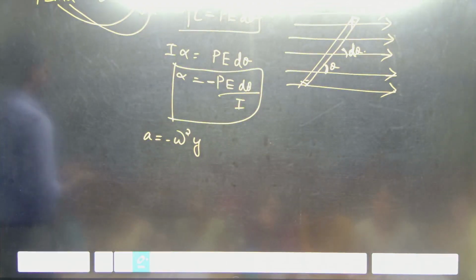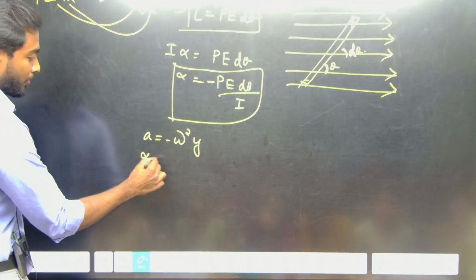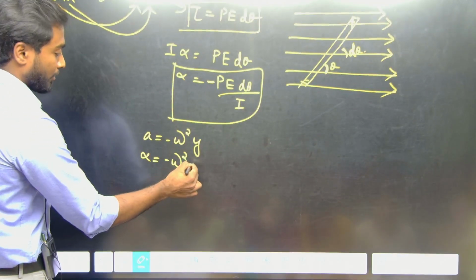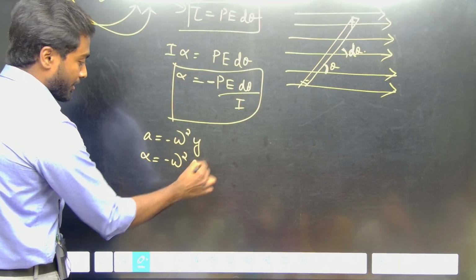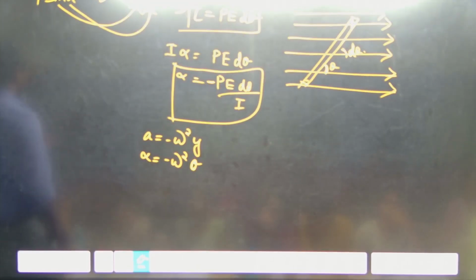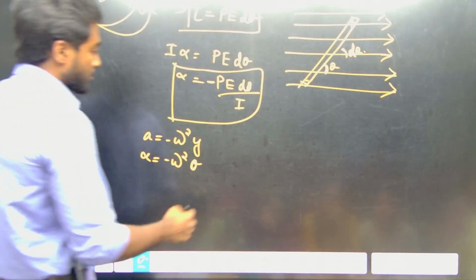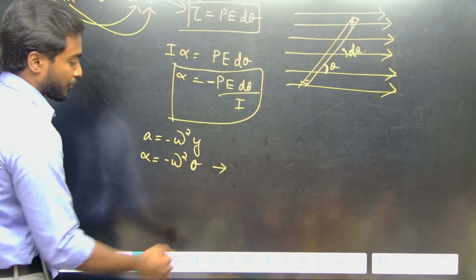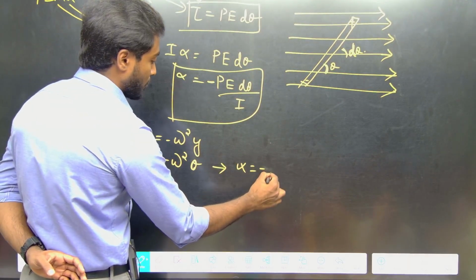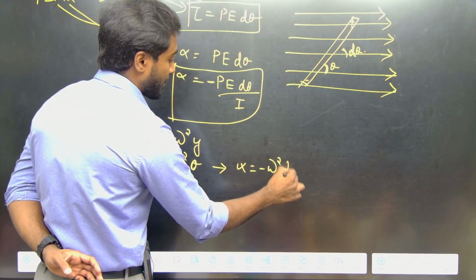Now I will write everything in angular terms. Alpha will be equal to minus omega square theta, angular displacement. So for small displacement, alpha will be equal to minus omega square d theta.